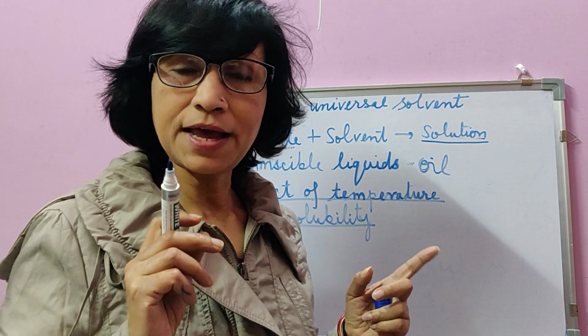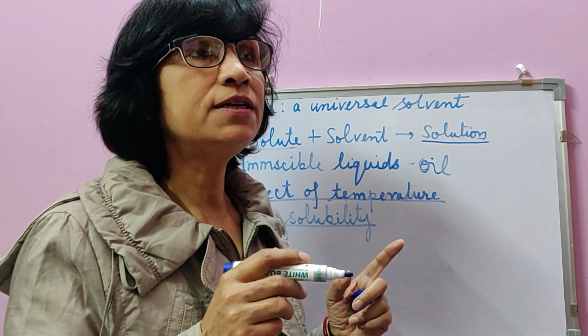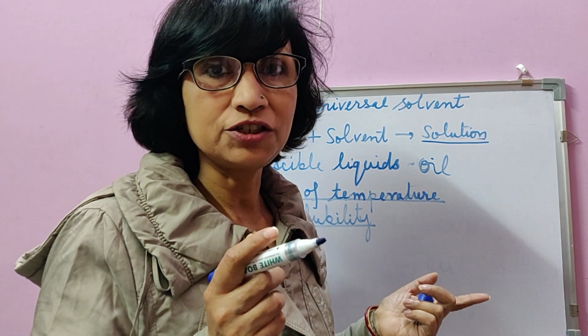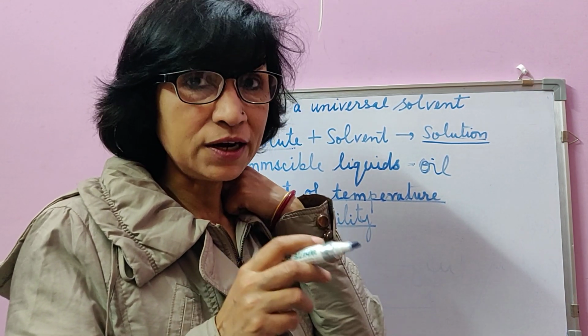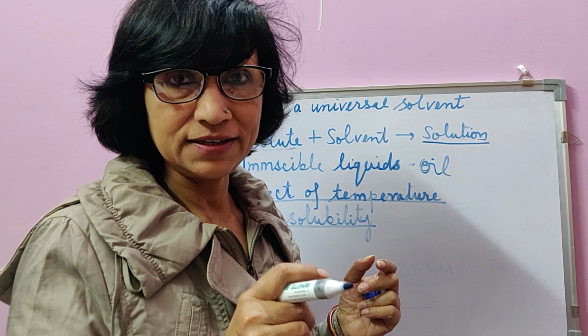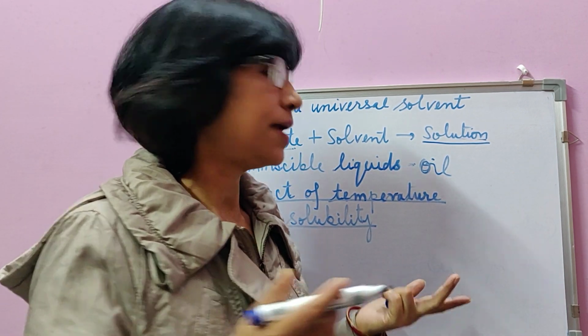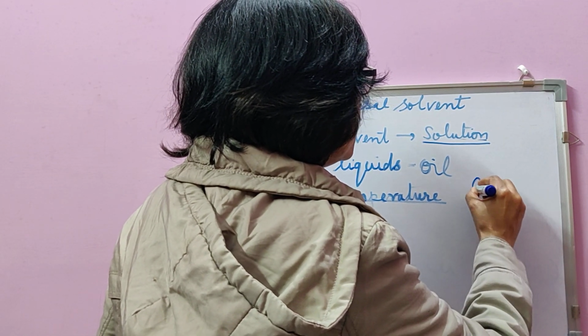But there are certain exceptions, children. If dissolution of a substance in water is an exothermic reaction, in that case, solubility of that solid solute in the water solvent will not increase. Take the example of quicklime, CaO, calcium oxide.